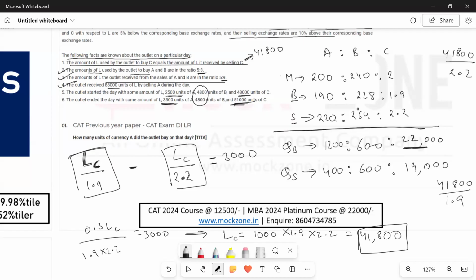Obviously, we don't need to do this calculation because we know that the difference between them is 3,000. So 22,000 minus 3,000, we have sold 19,000 units of C. So we are done with statement 1 also.